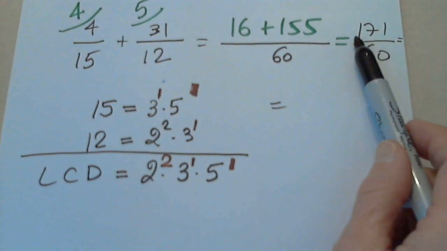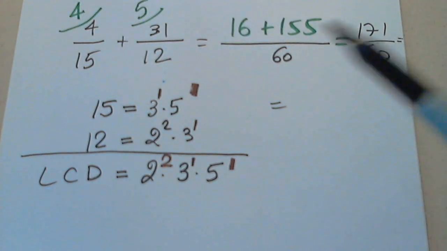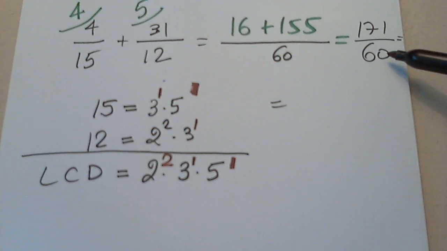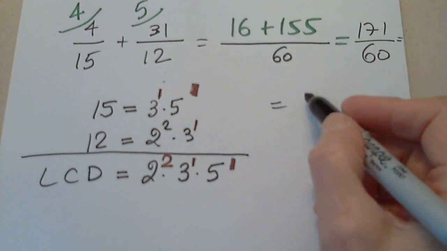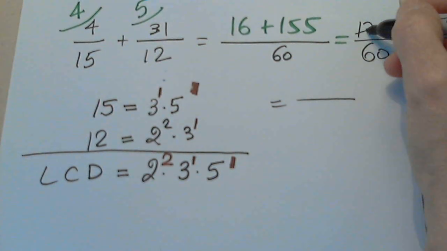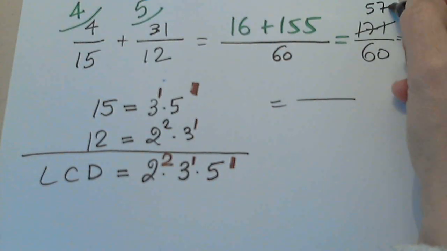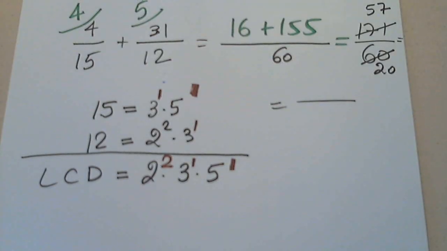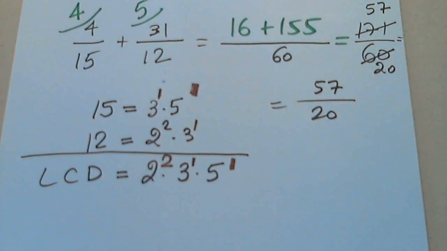If you add the digits, 1, 7, and 1, you get 9. 9 is divisible by 3. So both numbers are divisible by 3. 60, 6 and 0, and 171. So I will divide by 3. I divide this by 3, and I get 57. And I divide this by 3, and I get 20. So the simplified form is 57 over 20.